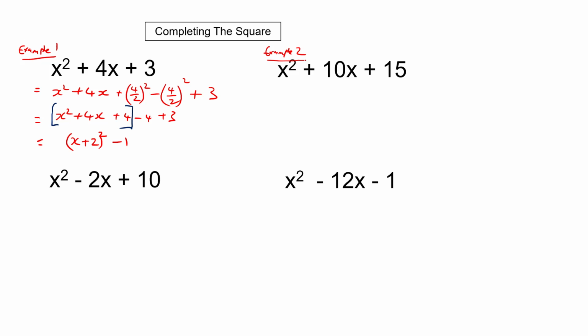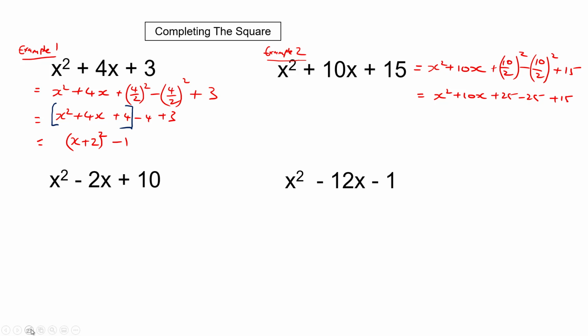Second example. Let's have a look. So that's equal to, again, x squared plus 10x. Then we take the 10, the coefficient of x, and we halve it and square it. So plus 10 over 2 squared minus 10 over 2 squared plus 15. So that's equal to x squared plus 10x, 10 over 2 is 5, so 5 squared plus 25 minus 25 plus 15.